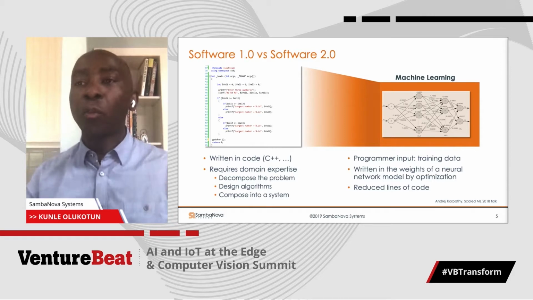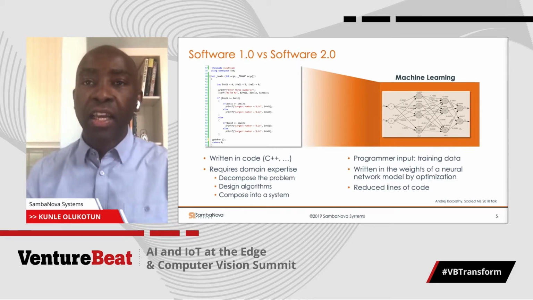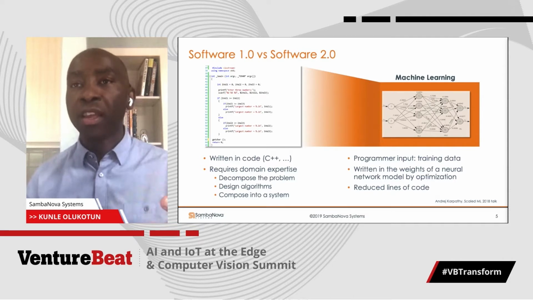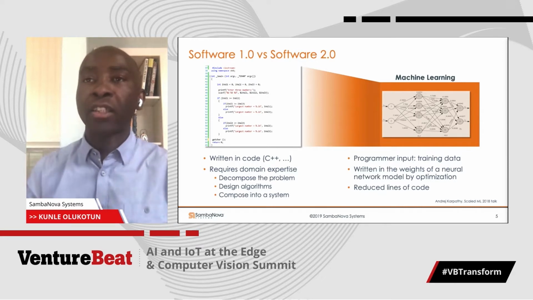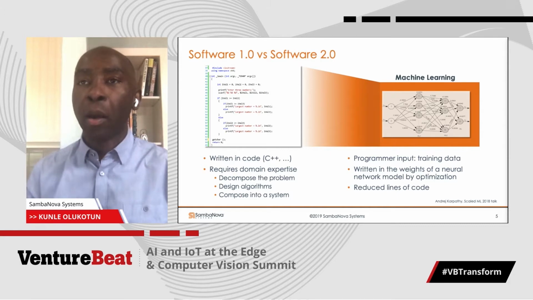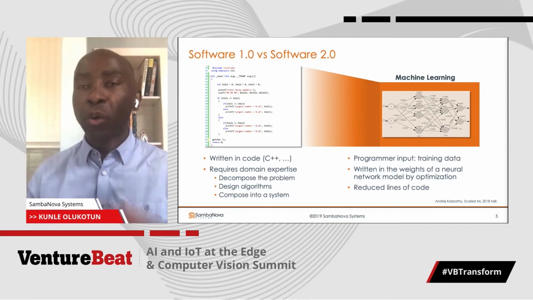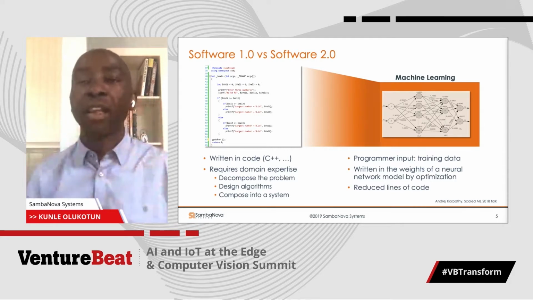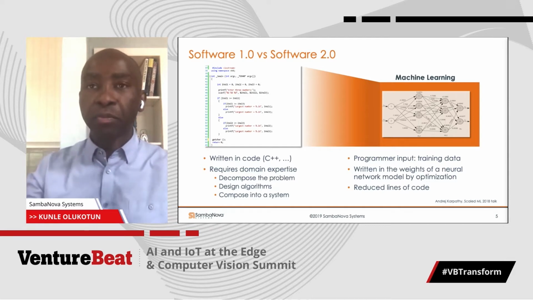Contrast that with software 2.0, a term coined by Andrej Karpathy. Here the idea is that the programmer input is training data, and the goal is to generate the weights of the neural network by some sort of learning algorithm. Of course, doing this means that the training data will determine the sets of models that get generated.